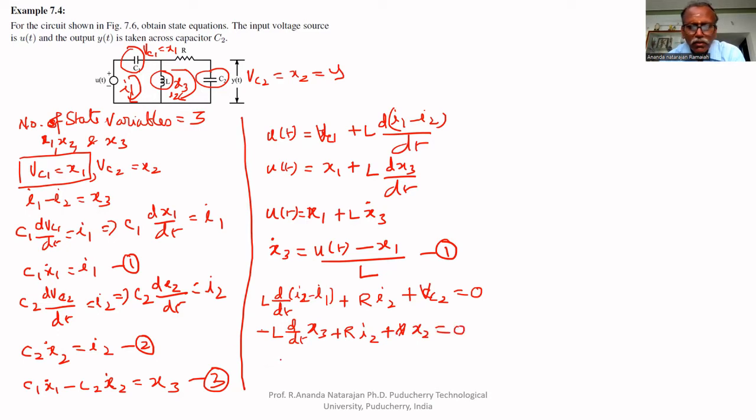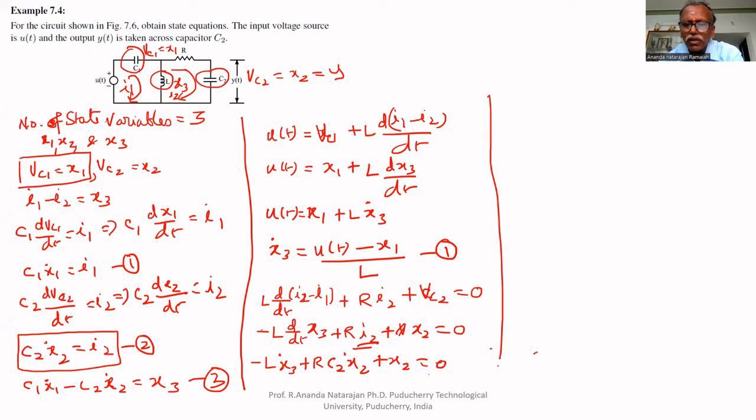Now we can substitute for I2. I2 equal to C2 x2 dot, from the second equation. So if you substitute, minus L x3 dot plus R C2 x2 dot plus x2 equal to 0. Therefore, we can find the equation for x2 dot. R C2 x2 dot equal to L x3 dot minus x2.